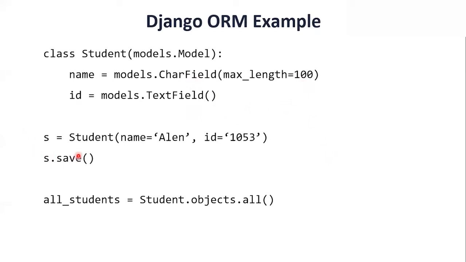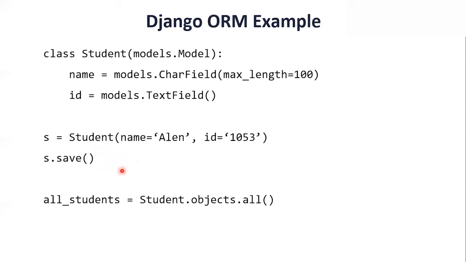Later, when we want to create objects, we can simply say s equals Student, name is Alan, and ID is 1053. Then we can say s.save(), and the Django ORM will automatically save this student object into the database.